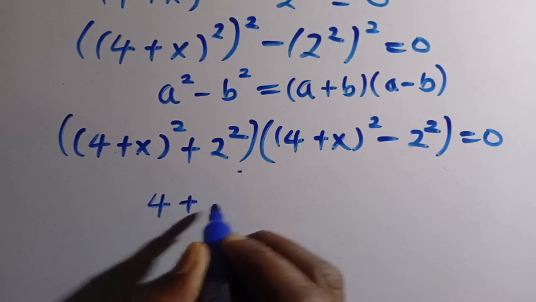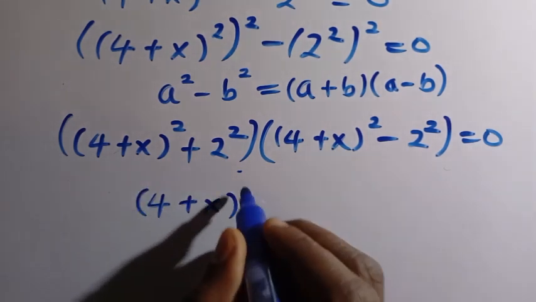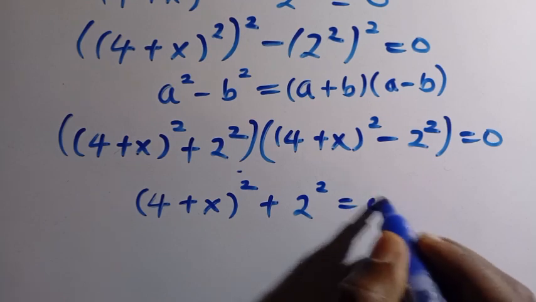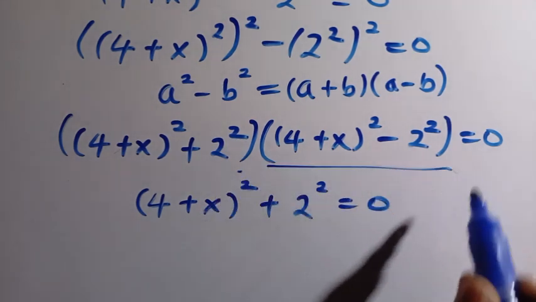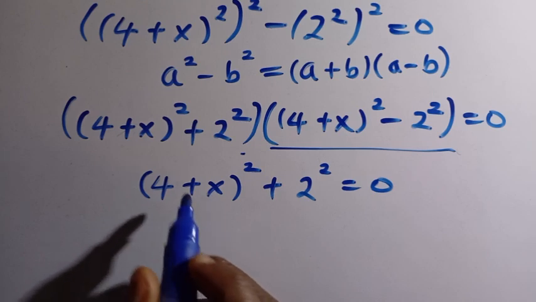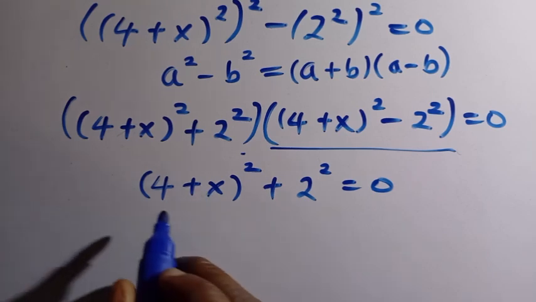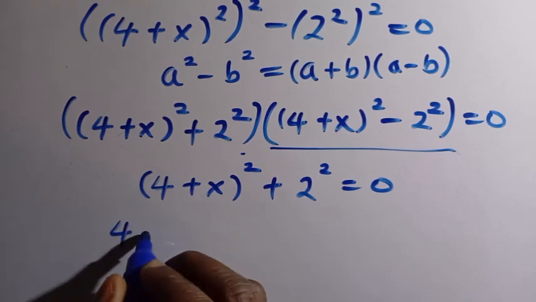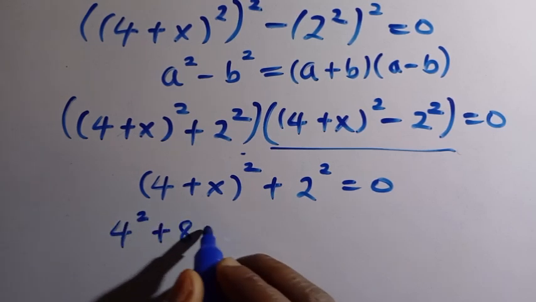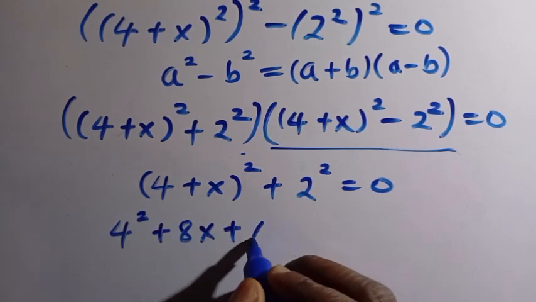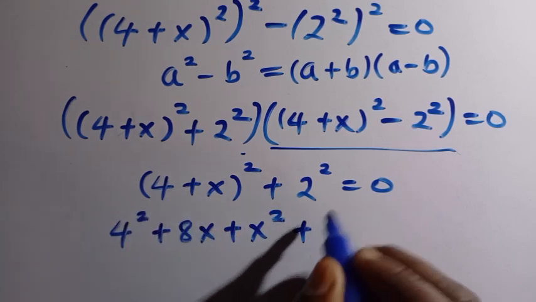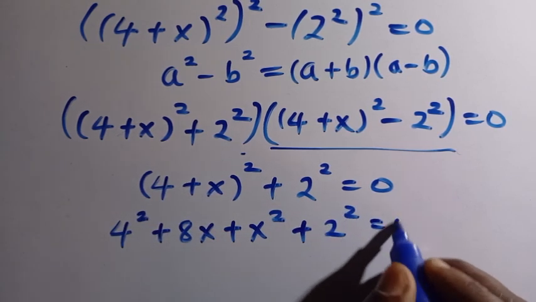We have (4 + x)^2 + 2^2 = 0. So let's try to expand this. By expanding this, we have 4^2 + 8x + x^2. So that is the expansion of this, plus 2^2 equals 0.